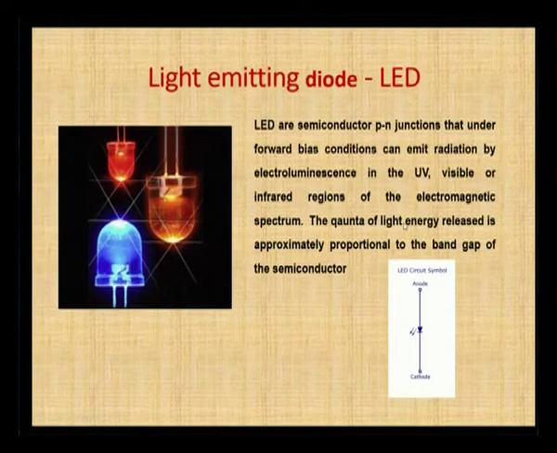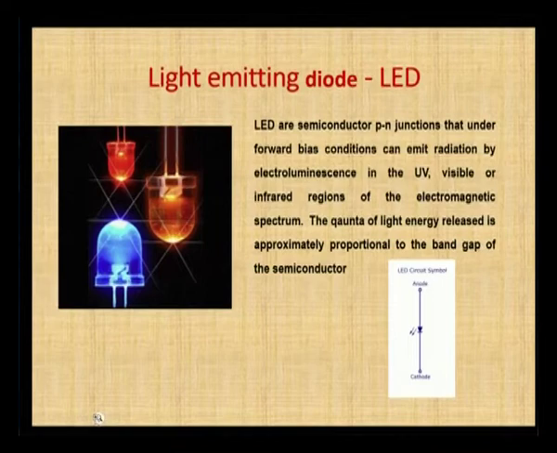When it is in the forward bias condition, it emits radiation that falls in the visible band of the electromagnetic spectrum, and the quanta of light energy emitted is approximately proportional to the band gap of the semiconductor. The light energy depends upon the band gap.